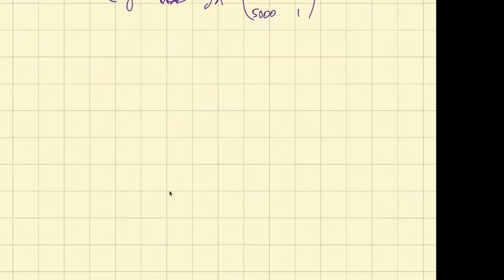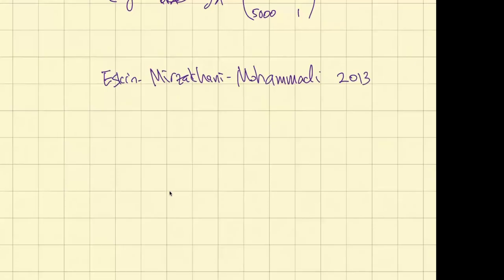And there's the very famous by now, Mirzakhani, Mohammadi paper. So the paper eventually got published. This has a long history, which I'm not going to review here, but it eventually got published in 2013.